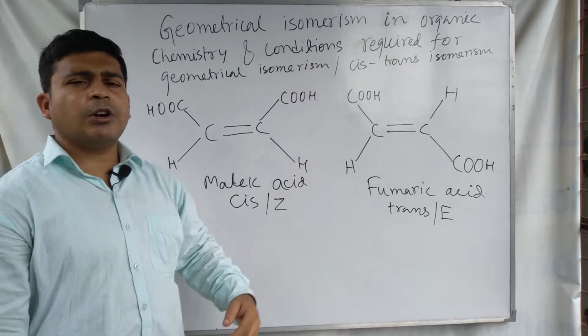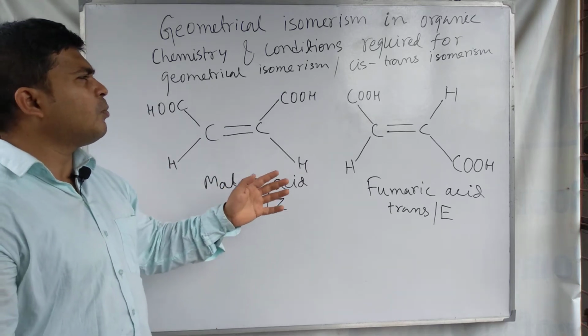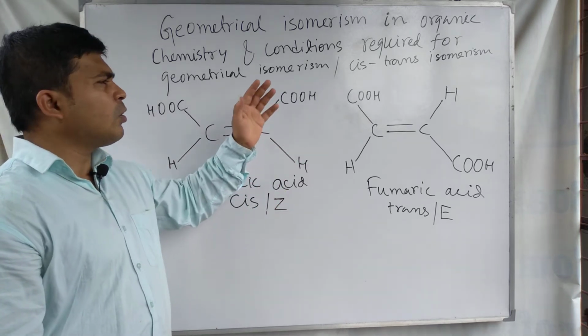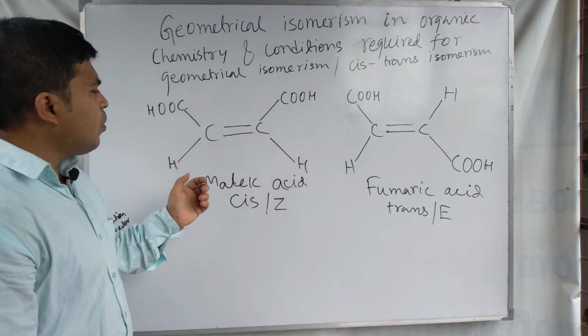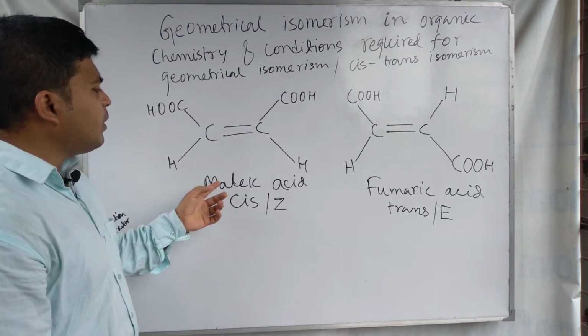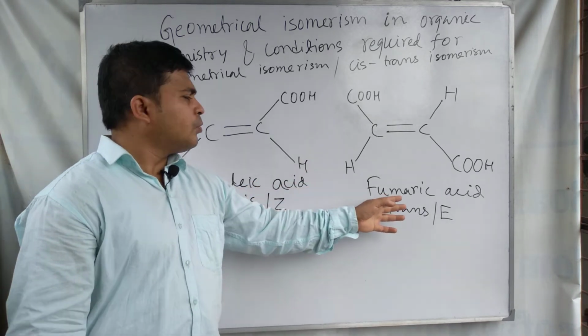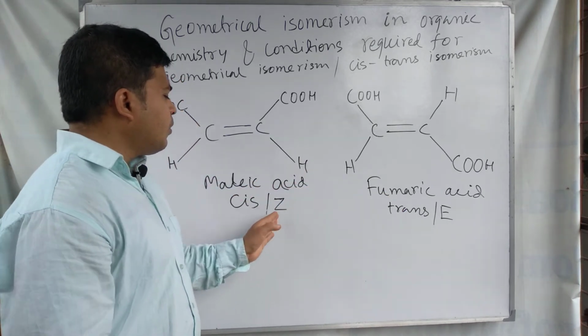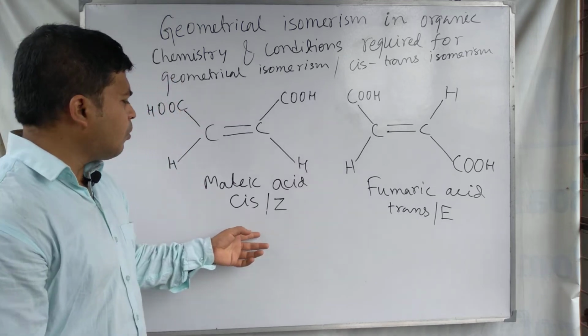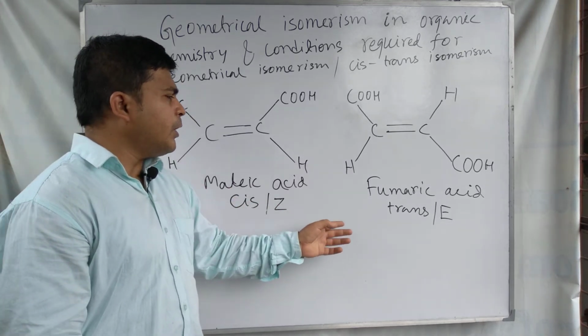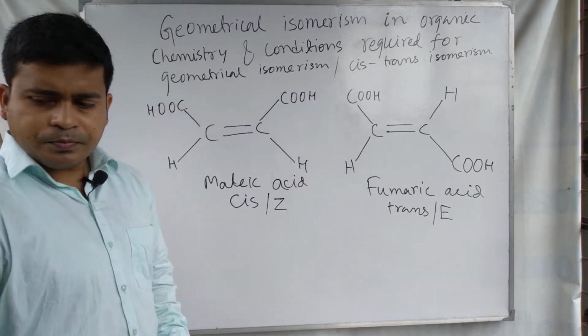These are called spatial isomers and configurational isomers. There are two geometrical isomers, cis and trans. The cis isomer in modern terms is called Z, and the trans isomer is called E.